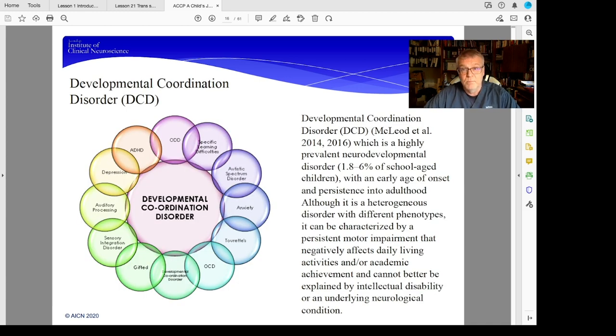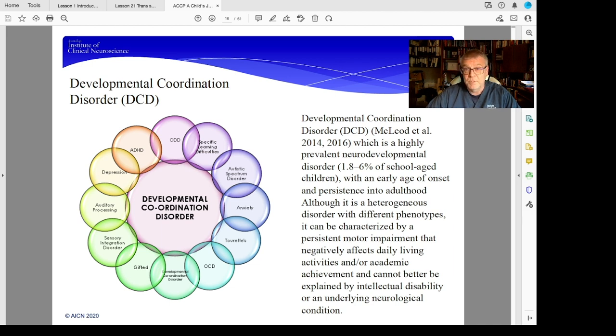Now, we're going to focus a little bit on the developmental coordination disorder because that is the diagnosis of this child in this case that we're going to be presenting soon. But you can see that developmental coordination disorder is also associated with a lot of comorbidities very similar to the comorbidities of global developmental delay.